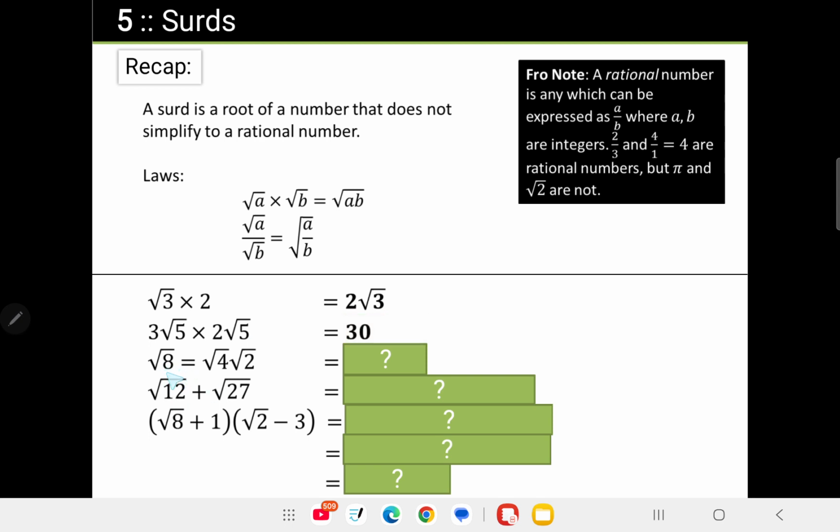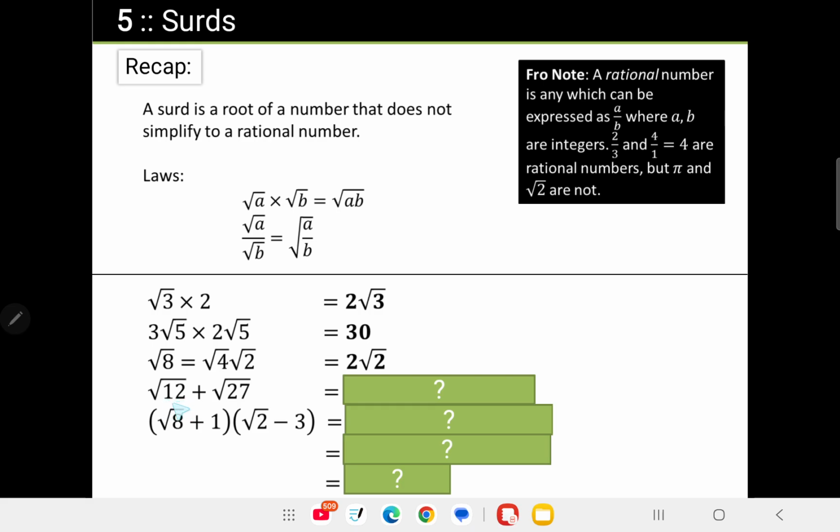And if you have root 8, it can be written as 4 times 2, and then you can split the root, and the root of 4 is 2, so the answer will be 2 root 2. Again over here we can simplify this.